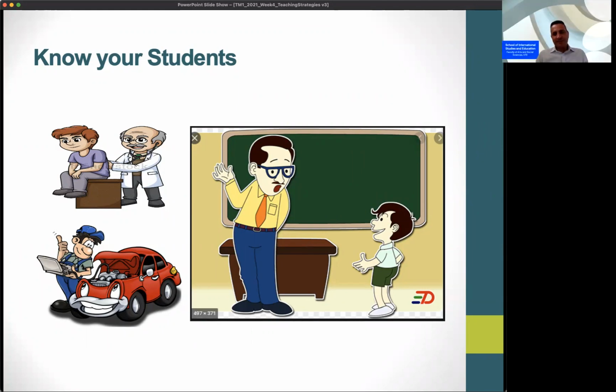And there are so many situations in the world around us where to actually address the problem and do it efficiently and effectively, we must first understand the source. And in the teaching profession, the critical source here is our students. And if we don't take the time to understand our students, understand their learning strengths, but more importantly, their weaknesses, we really may not be able to deliver the quality education that we intend to do.